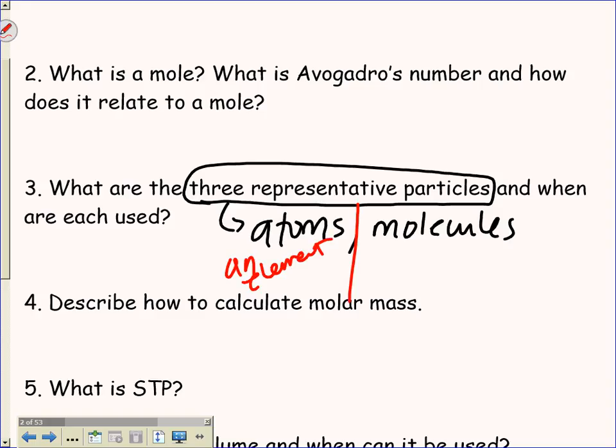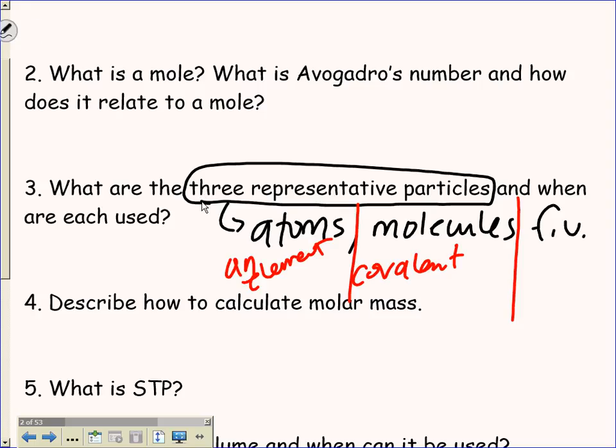But if I use the word molecule, we learned this last week, what were we actually referring to? What kind of compounds? Covalent compounds. Good. So molecules are used to describe covalent compounds that come together with nonmetal and nonmetal. What was the other particle type that was used to describe ionic compounds? Formula units, right? So remember we wrote FU?